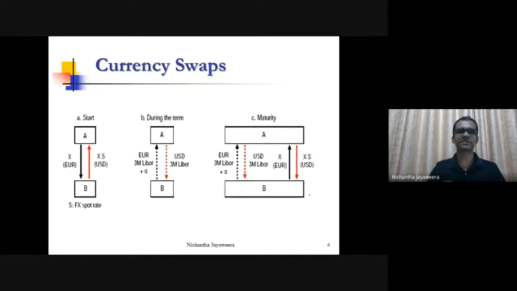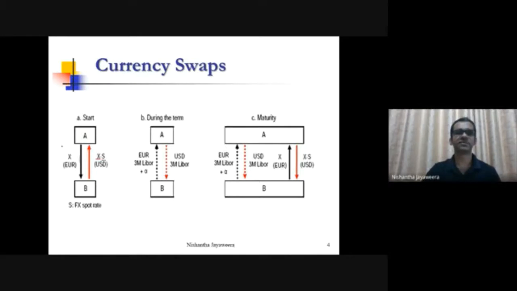That's what I mentioned. So this is in a graphical form. At the beginning, you can see X amount of euro is paid by party A to party B. S is the FX spot rate. So party B pays, assuming that we exchange the principal amount at the beginning, X into S amount of dollars, exchange notional amount into spot rate.